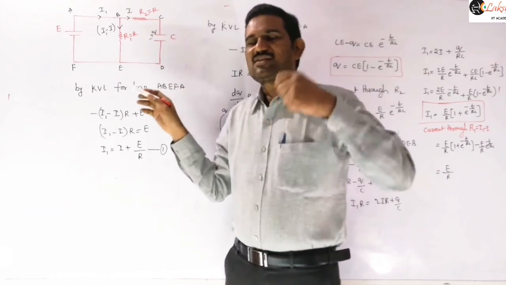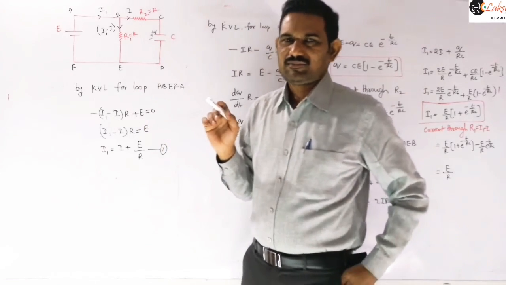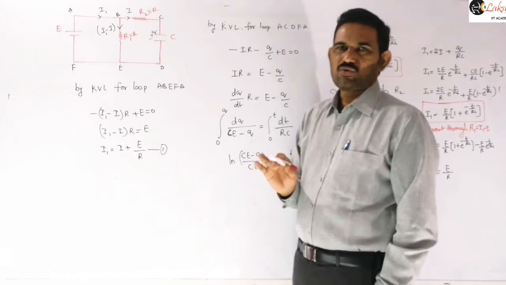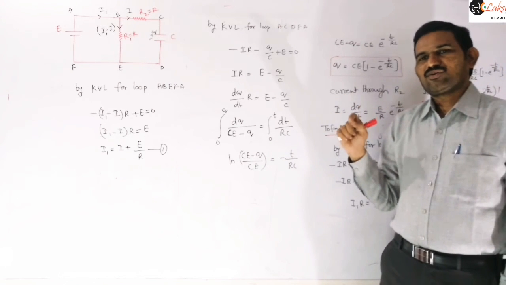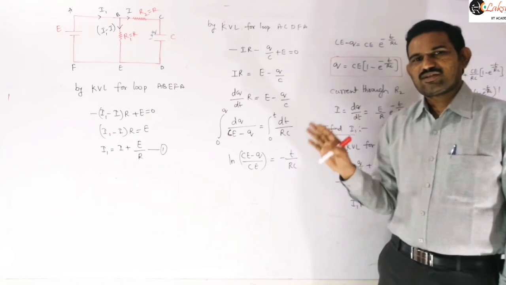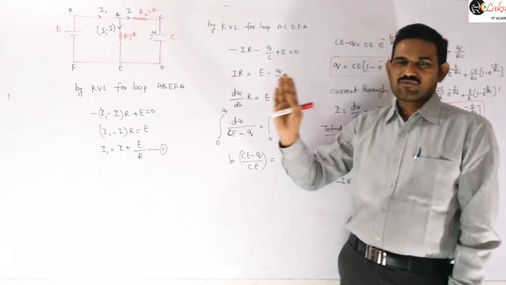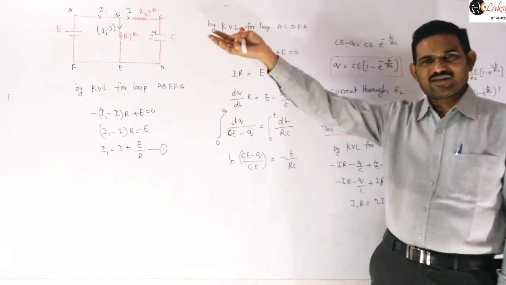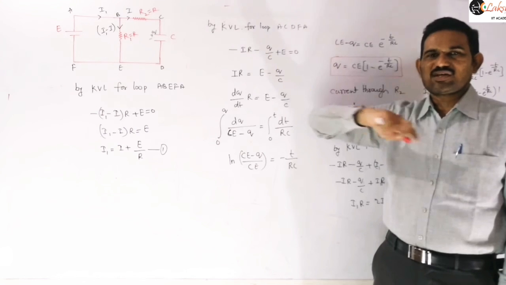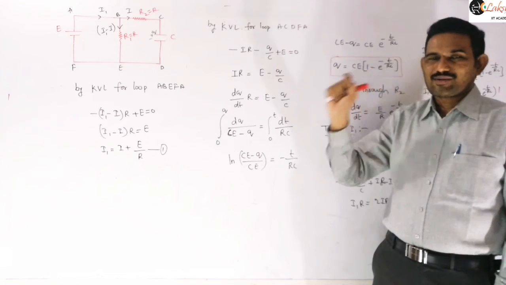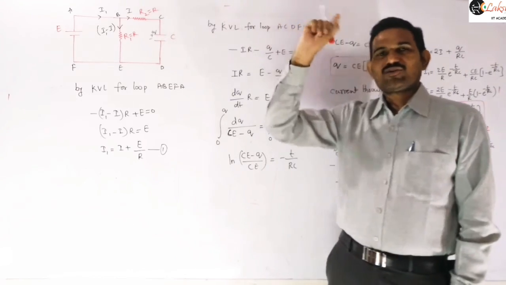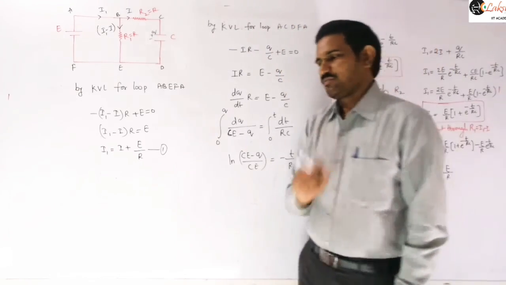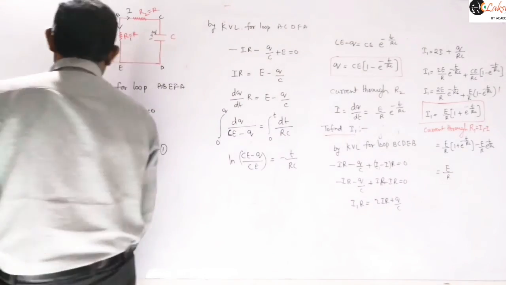In that branch, let us assume the current as I. It is not a compulsory rule, but if you assume it as I, then you can replace that I value with dq by dt, so there is no mistake in your calculation. Otherwise, if you take I in any other way, that means drawn from the cell, then you need to remember that whatever variable you take for the current flowing to the capacitor, you need to replace it with dq by dt.